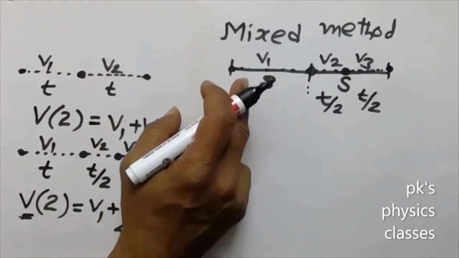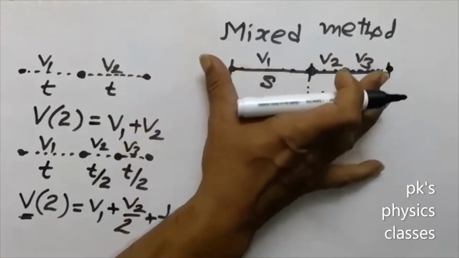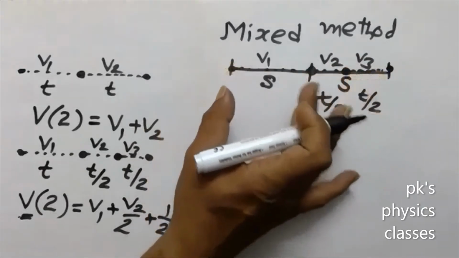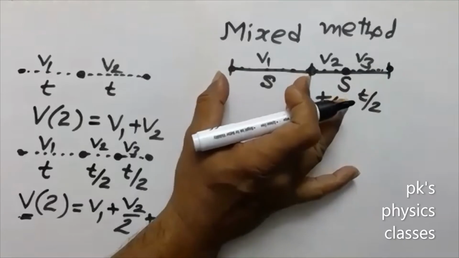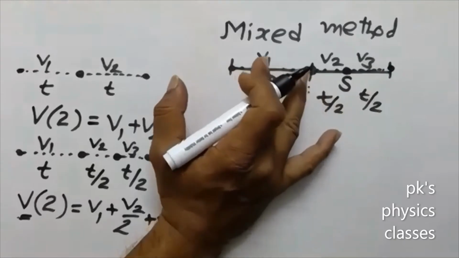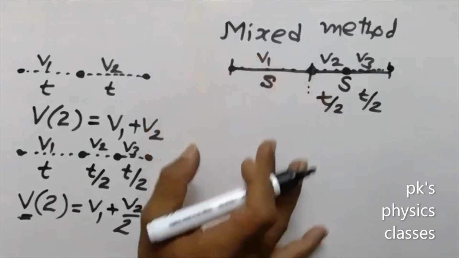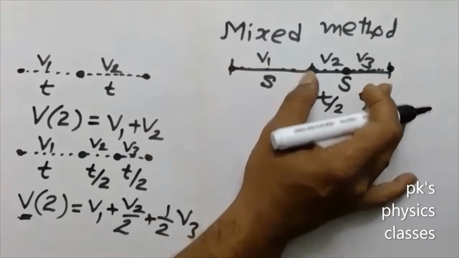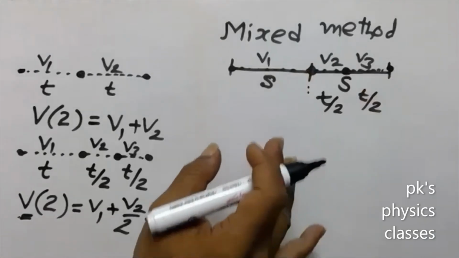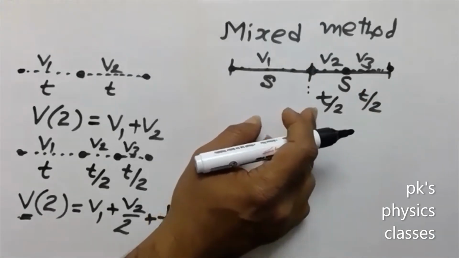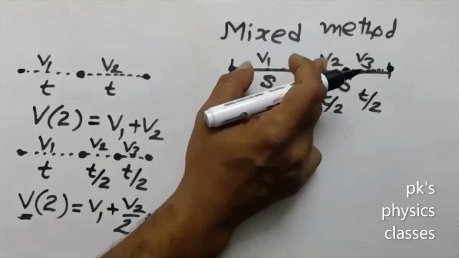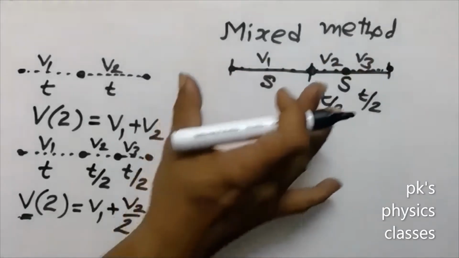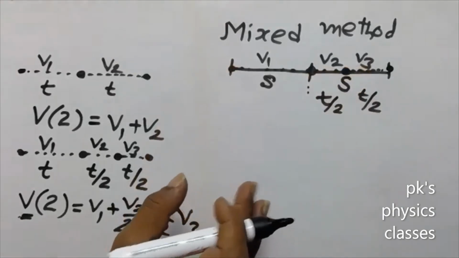The situation is this: if it is the first half of the distance, the body covers it with v1 speed, and in the next half of the journey, the first half of the time is covered with v2, the next half of the time is covered with v3. Try to understand this question carefully.